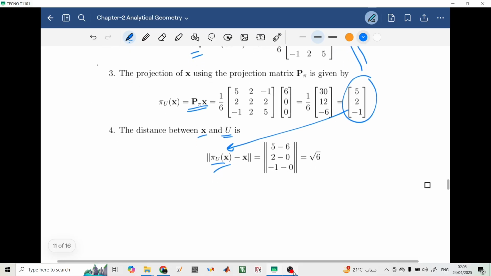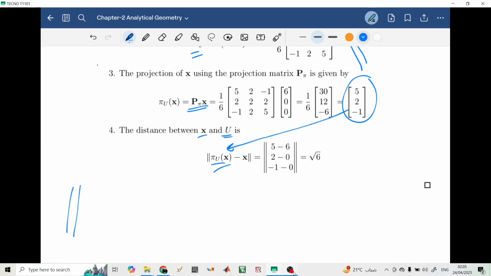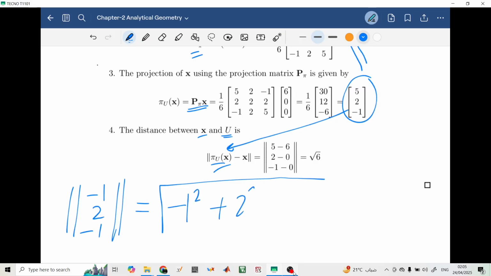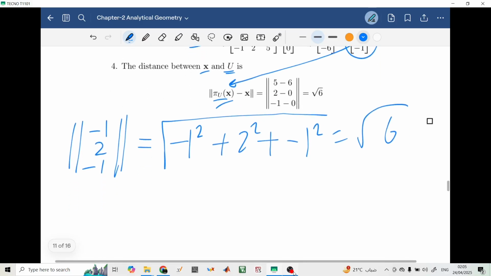So what we have here actually is like this, right? 5 minus 6 is minus 1. This is 2, and this is minus 1, right? The L2 norm, this means that we have minus 1 squared plus 2 squared plus minus 1 squared equals square root of 6.